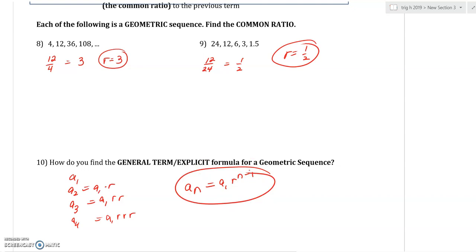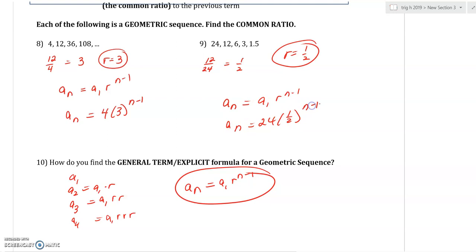So if we go back now, we could find an explicit formula for number 8. It would be the nth term is the first term times the common ratio r to the n minus 1. Pause the video for a minute and find the explicit formula for number 9. Okay, welcome back. So an explicit formula would be 24 times 1/2 to the n minus 1.